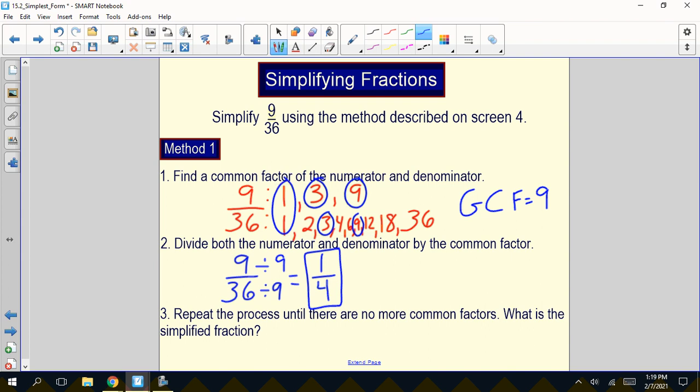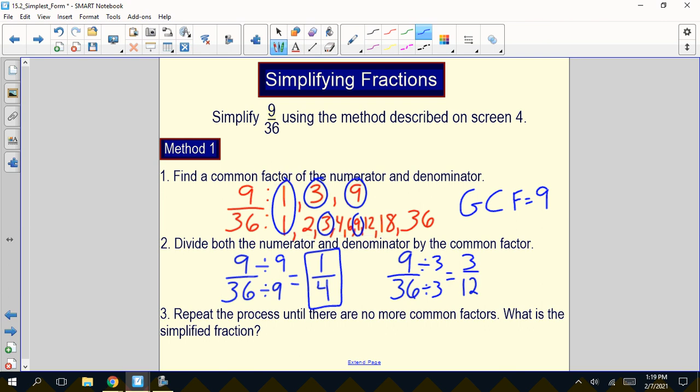Now, if I didn't divide both of those by the GCF, I would divide by 3 because 3 goes into both numbers. 3 goes into 9 3 times. 36 divided by 3, or 3 goes into 36 12 times. And I have 3/12. Well, I'm not done yet. You cannot just stop there.